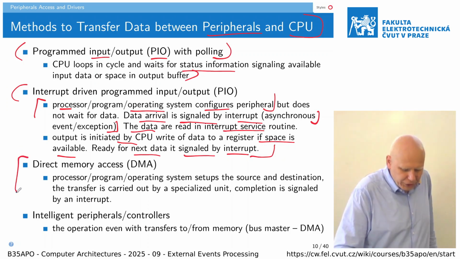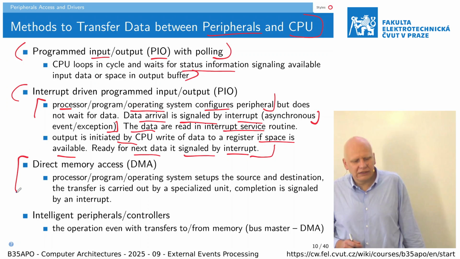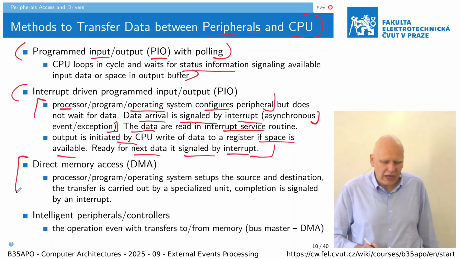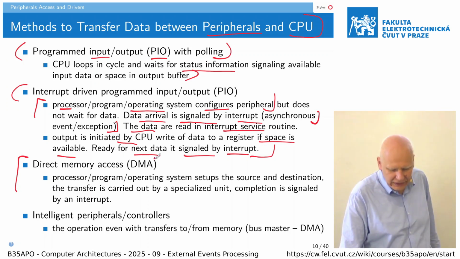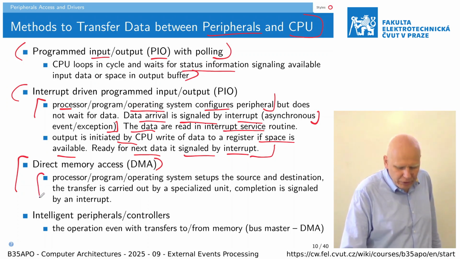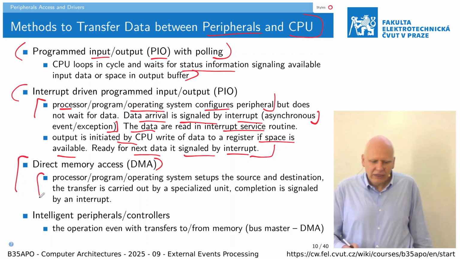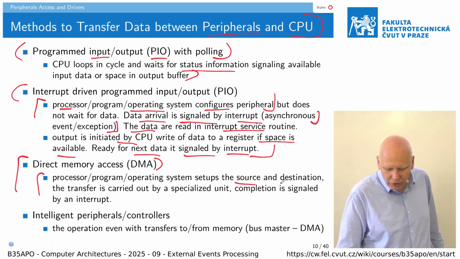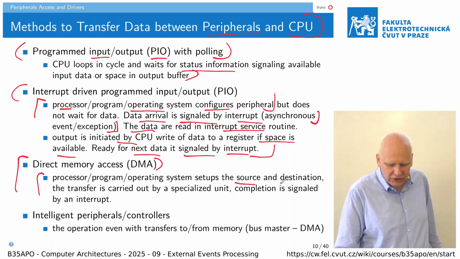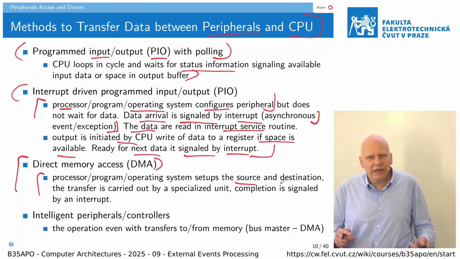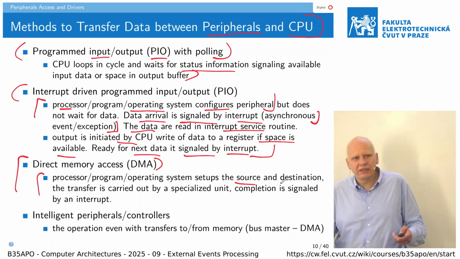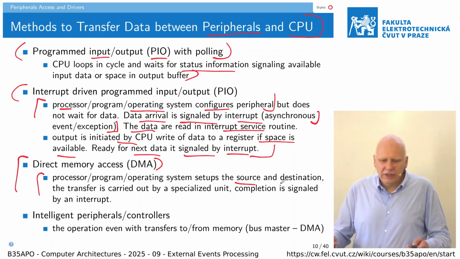An even better option in this respect is to switch to direct memory access, DMA, where the processor, or the operating system, your code and so on, sets up a source and or destination where data should be, for example, written from the SSD disk.